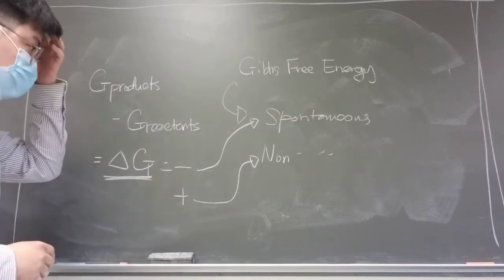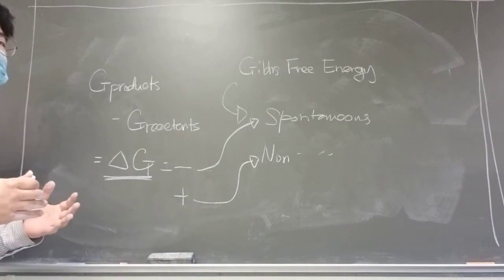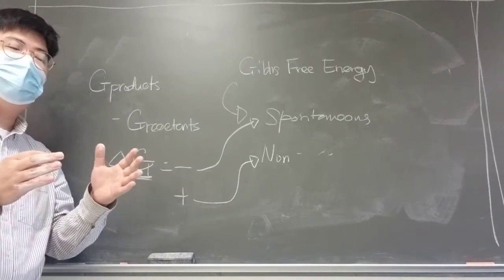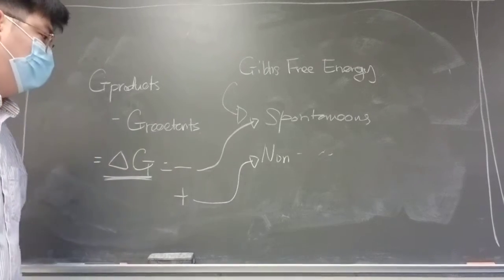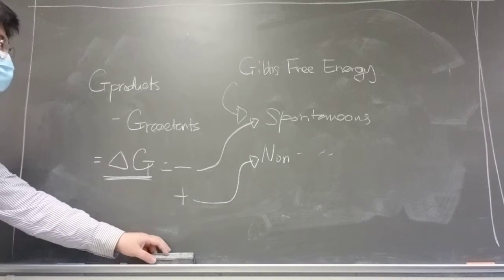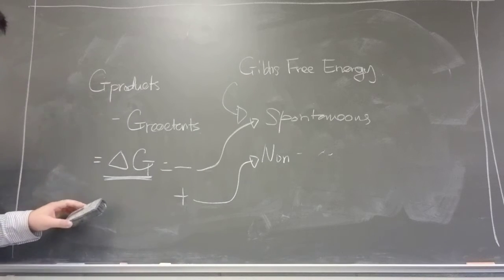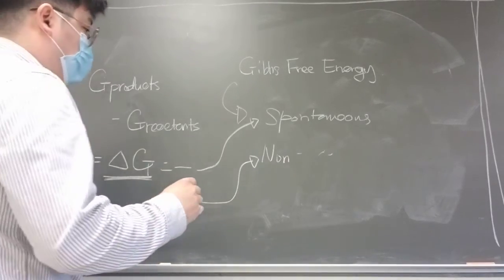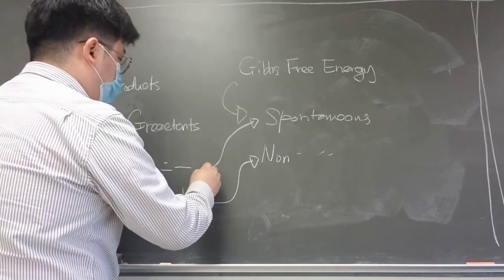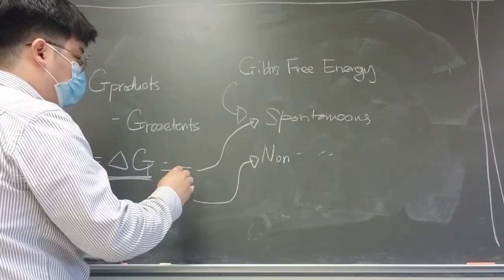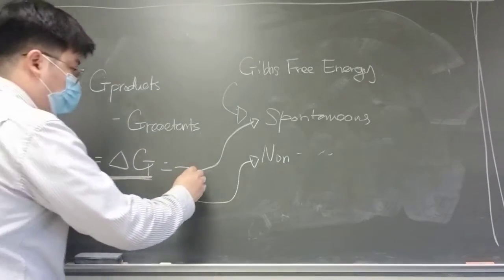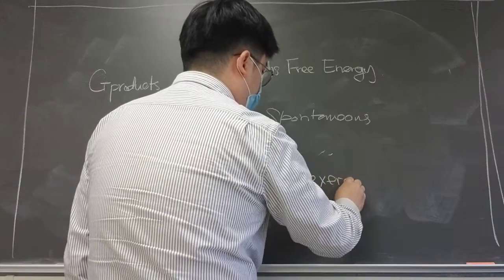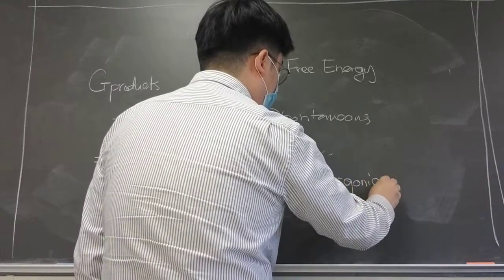So this somewhat governs which direction the reaction will be favored or shift to in chemical reactions. Okay? So this is something you can try to remember. When this is negative and you're changing this free energy, we're going to call this exergonic reactions.